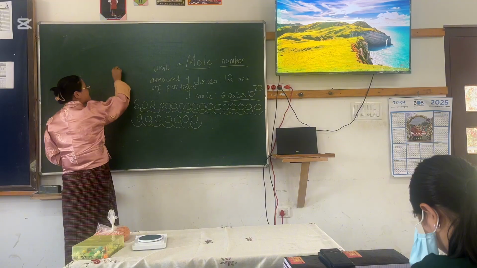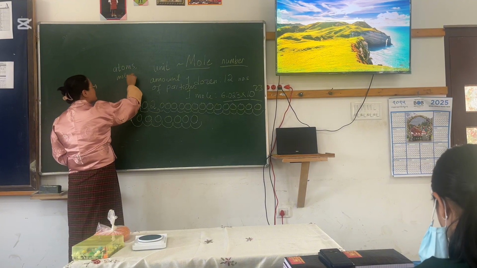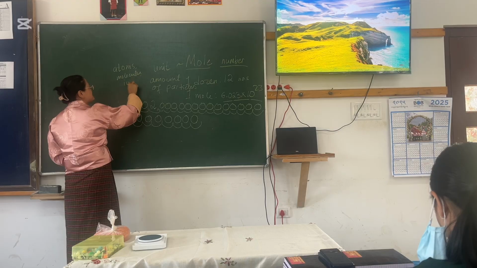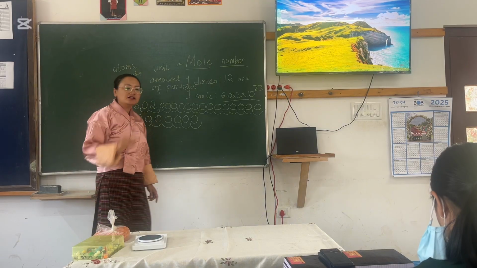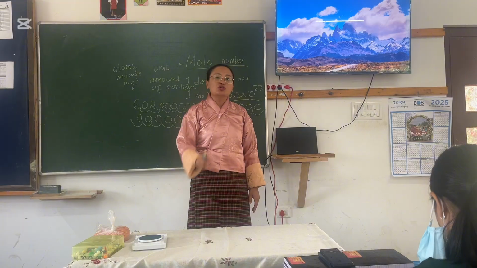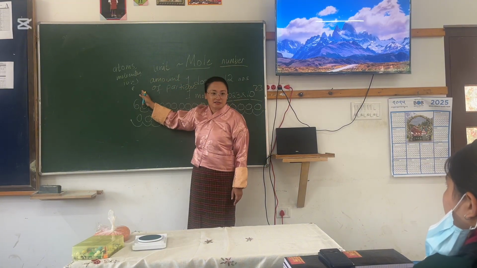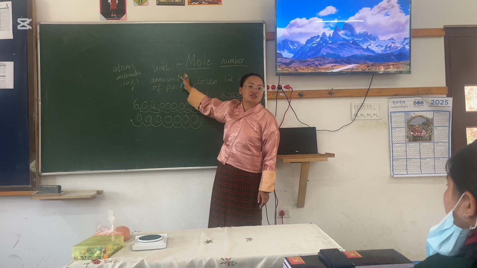Particles here represent your atoms, molecules, ions, electrons, all these subatomic particles we studied in lower class. So we need a unit to measure these particles, and that unit we use is mole.